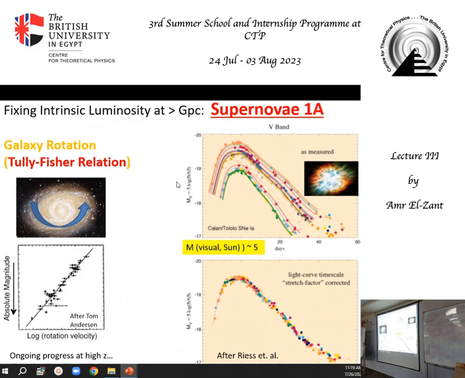So if you see a galaxy rotating with a certain speed, you can know its luminosity, just like the period of the Cepheid, but for the whole galaxy. You calibrate this relation locally, and you look at the rotation speed of a galaxy far away and compare with the local relation. So this is another way you do a distance measurement. Same limit.